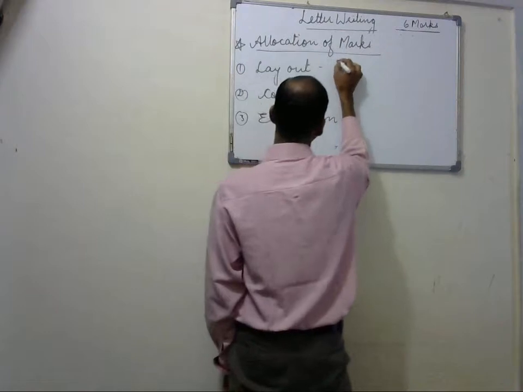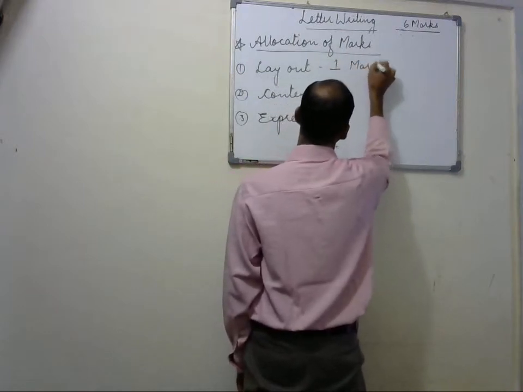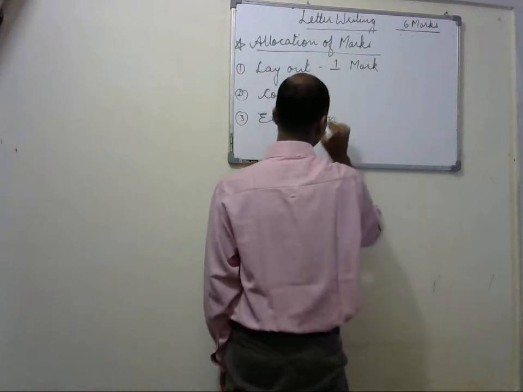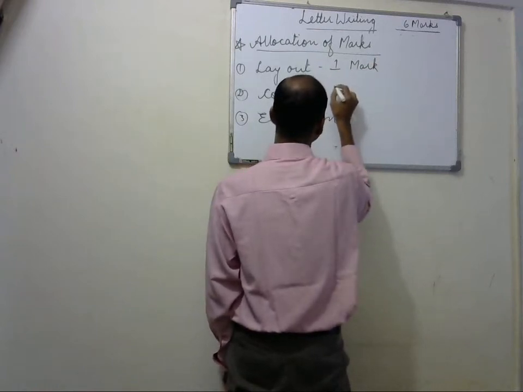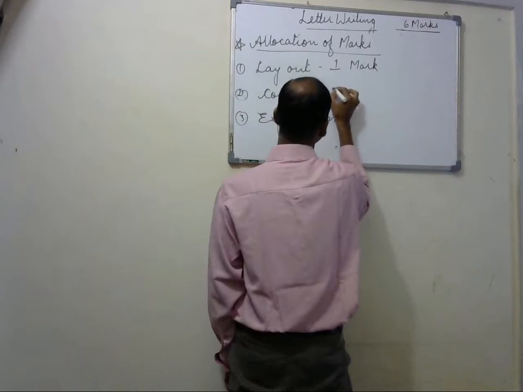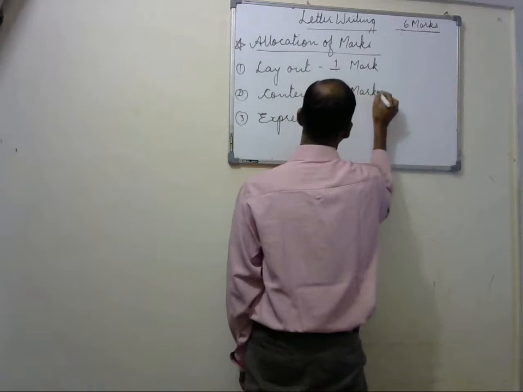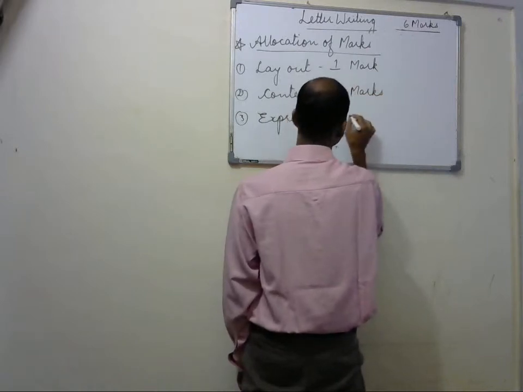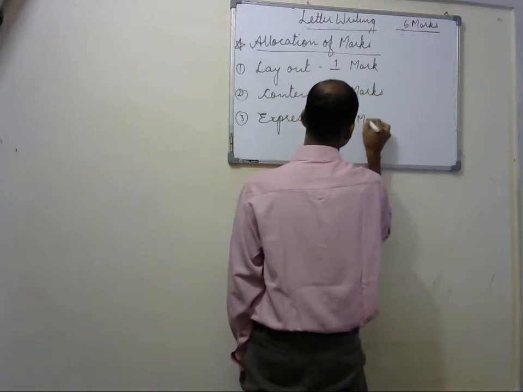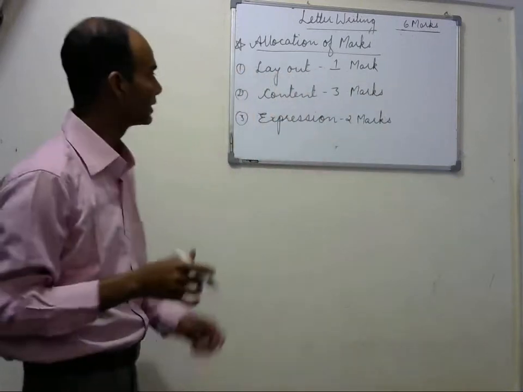For layout, you will get 1 mark, and for content you will get 3 marks, and for expression you will get 2 marks. So this way your 6 marks are divided.